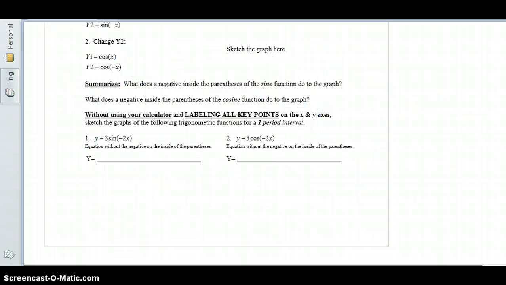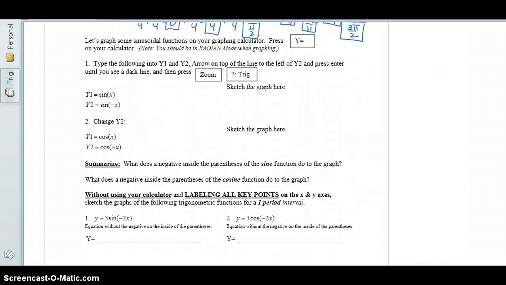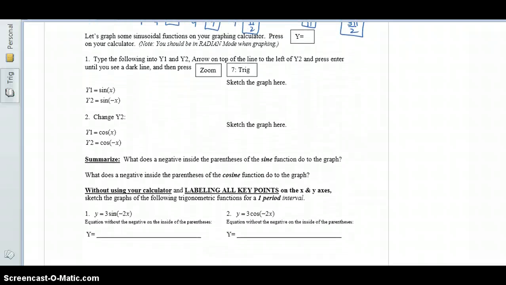Okay, now the next section of the notes is for problems 7 and 8 on tonight's homework. Basically what happens is when you have a negative inside the parentheses, or a negative b for the equation, for a sine curve, it turns out that the sine of negative x is equal to negative sine of x.